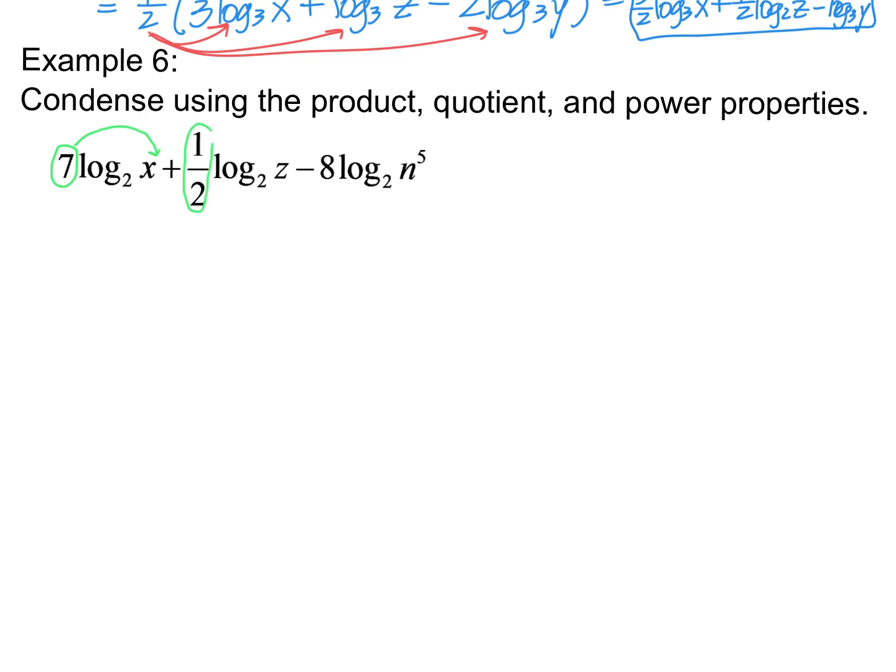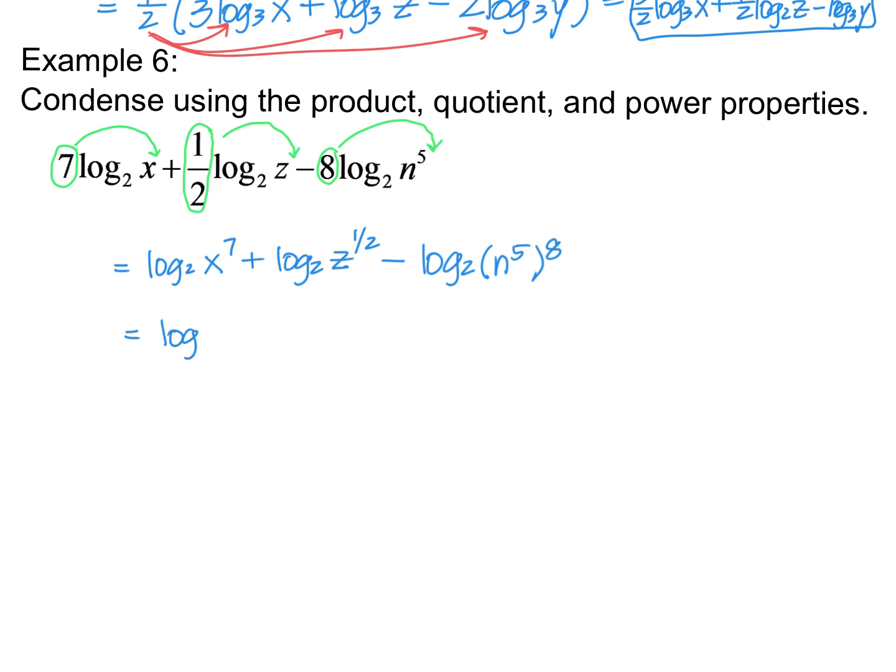We have to move this 1/2 to be the exponent on the z, and we have to move this 8 to be the exponent on the n to the 5th. So the very first step will be log base 2 of x to the 7th plus log base 2 of z to the 1/2 minus log base 2 of n to the 5th to the 8th.